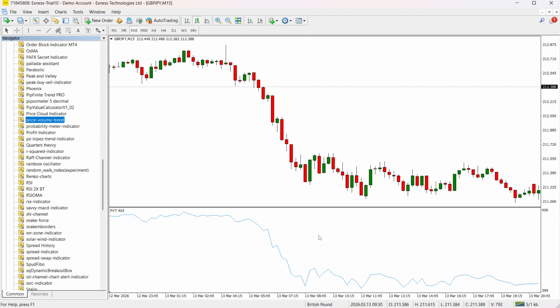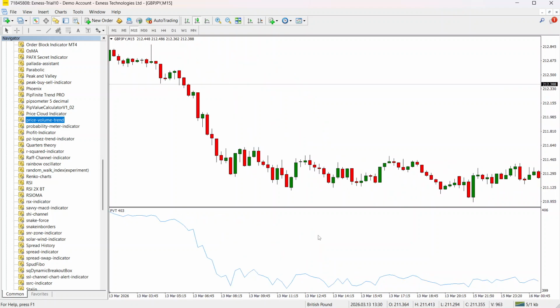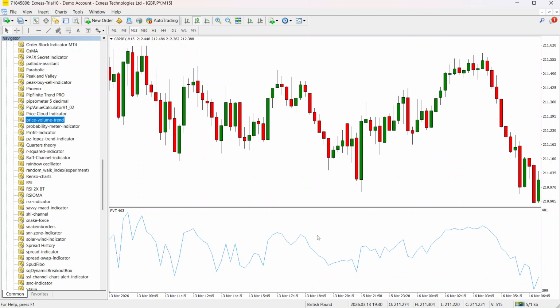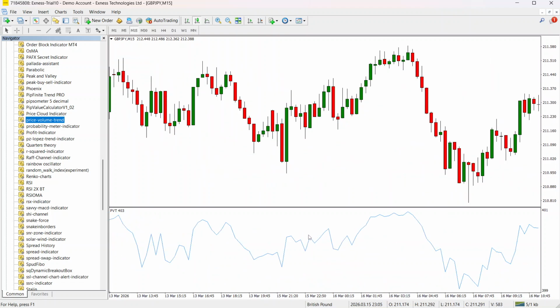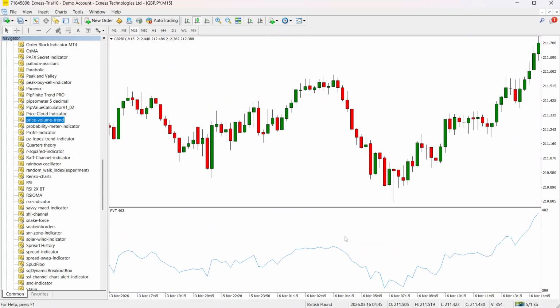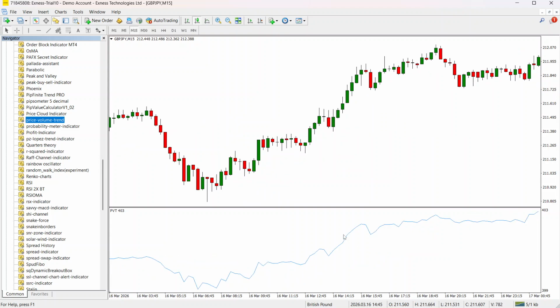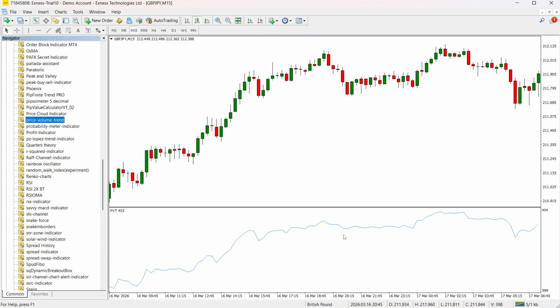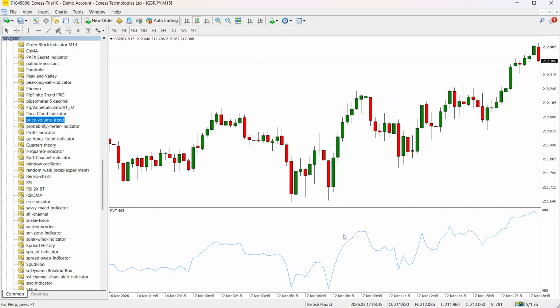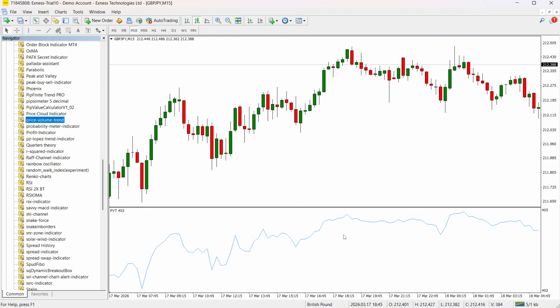Now the volume price confirmation indicator, VPCI, appears in its own sub-window as a line that moves above and below a baseline, reflecting how volume is behaving relative to price changes. When the VPCI line moves in the same direction as the prevailing trend, it visually confirms that volume is supporting that move.